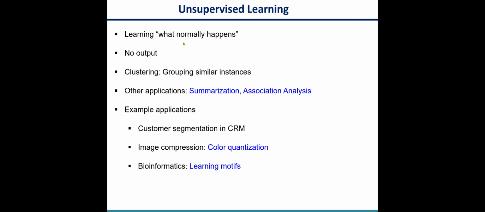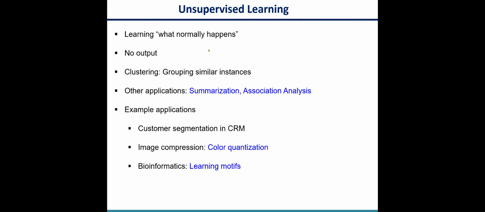So in unsupervised learning, normally there is no output. Clustering is grouping similar instances. Other applications: summarization, association analysis, customer segmentation, image compression, color quantization, and those things. Bioinformatics, we learn the motifs, those things.